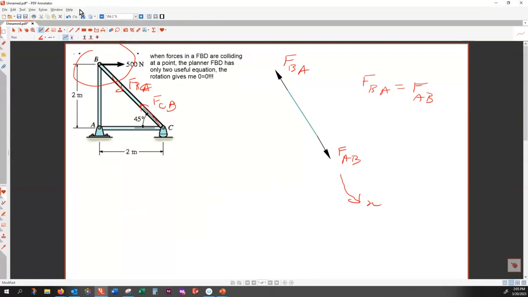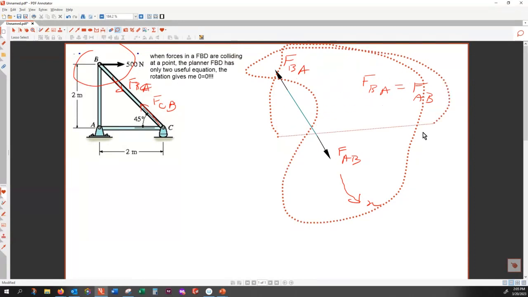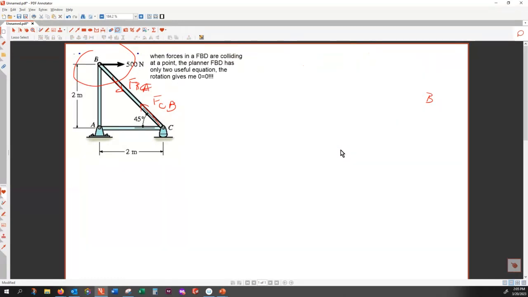So if I decide to solve the method of joint at point B, what I find is FBC. All right, that is my first step.